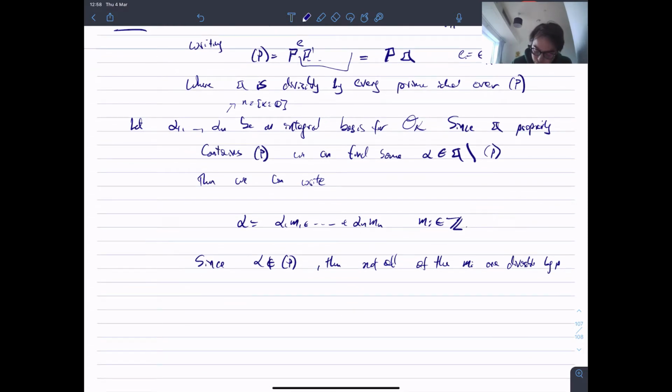So at least one of them has to be not divisible by p. So without loss of generality, just by relabeling, we can assume say p doesn't divide the first one.